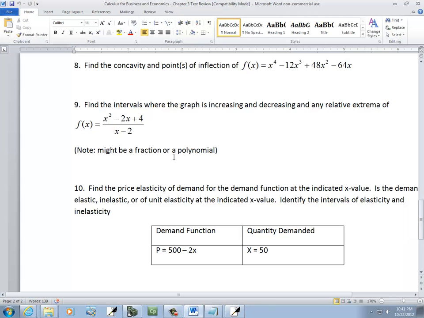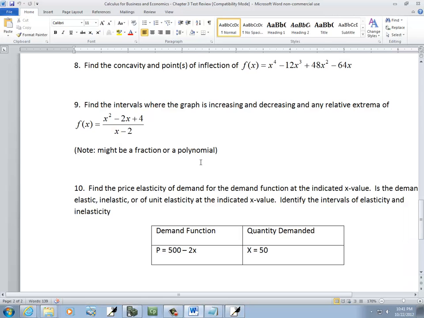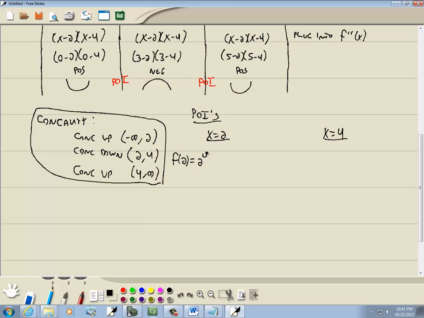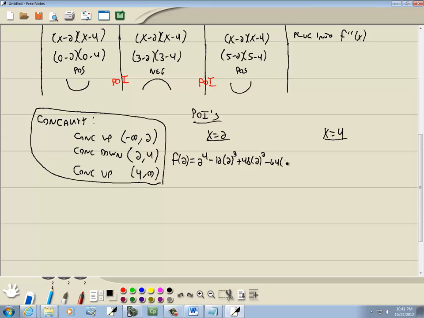So, our original function, we got f of 2 is equal to 2 to the 4th minus 12 times 2 to the 3rd plus 48 times 2 squared minus 64 times 2.